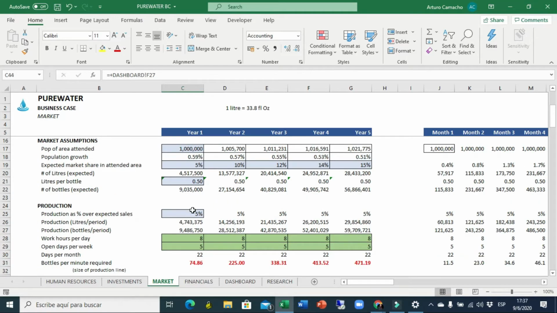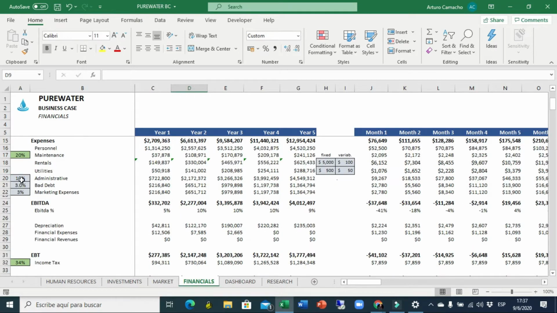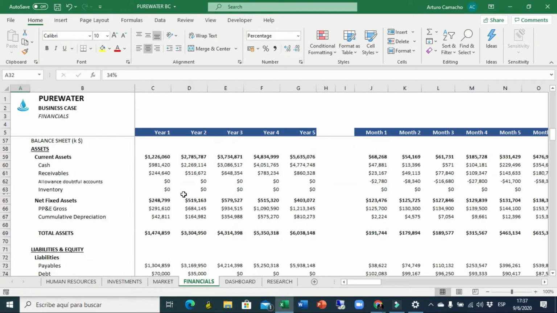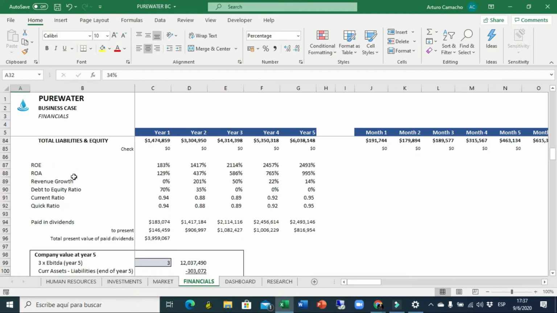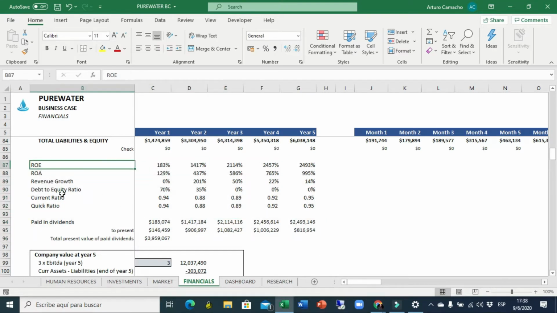Everything you see in light blue, as you see, the formula is from the dashboard that you will see in a minute. The financials, all the changes I made, well, besides the light blue things and the green things that are still here as an input from the user, as you see. Everything here is, I added extra lines here, as you will see in a minute, which are some important indexes that we need to have so as to understand the results of anything I change in the assumptions.